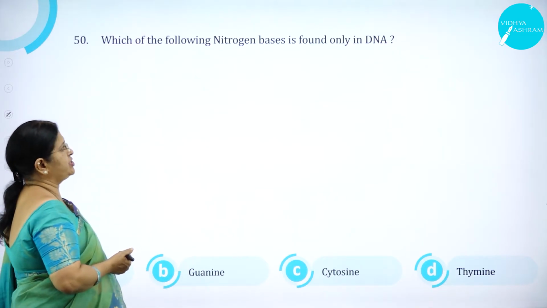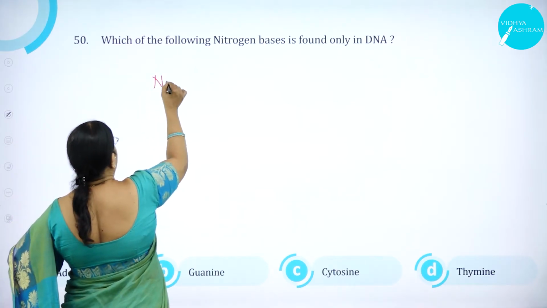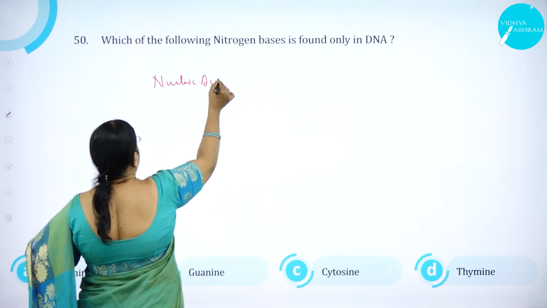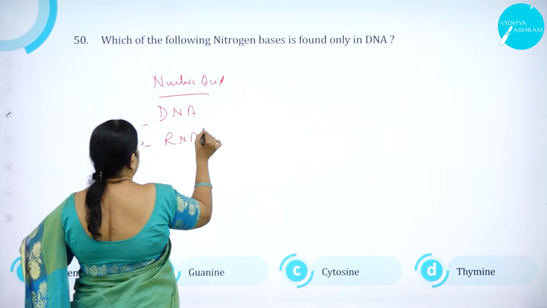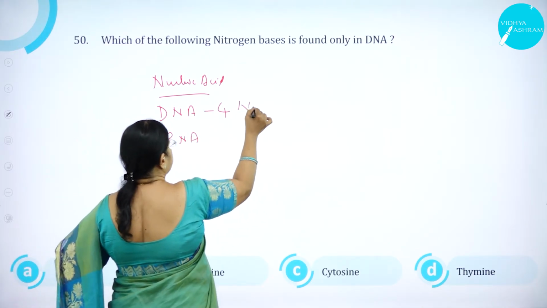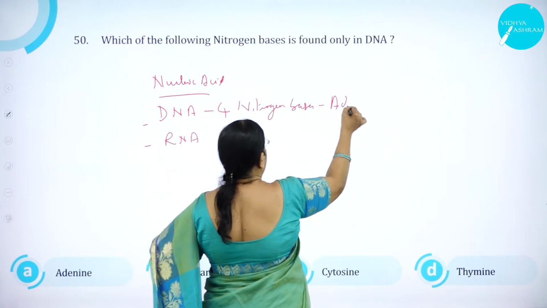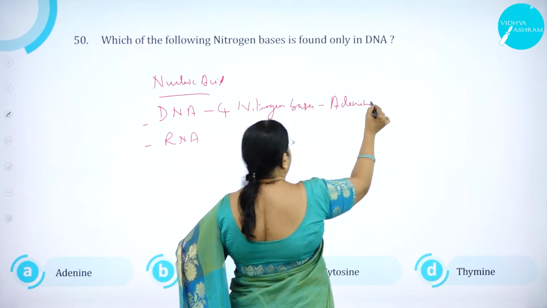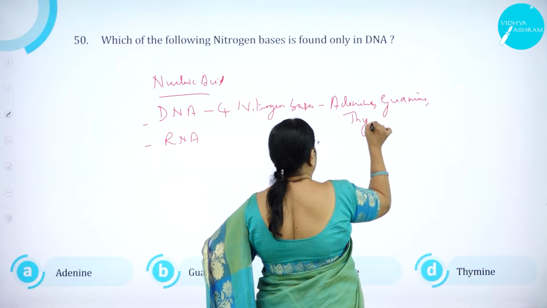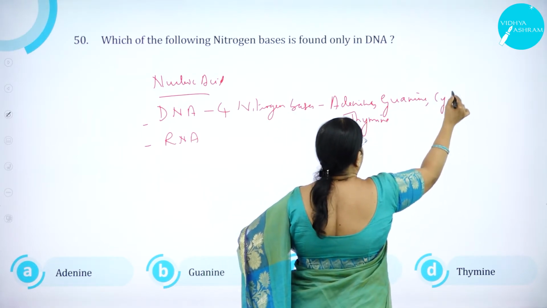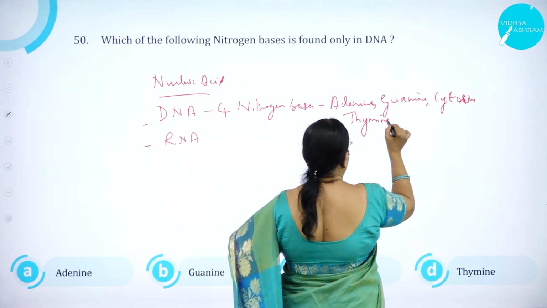Which of the following nitrogen bases is found only in DNA? So nucleic acids are DNA and RNA. DNA is made up of 4 nitrogen bases: adenine, guanine, cytosine, and thymine.